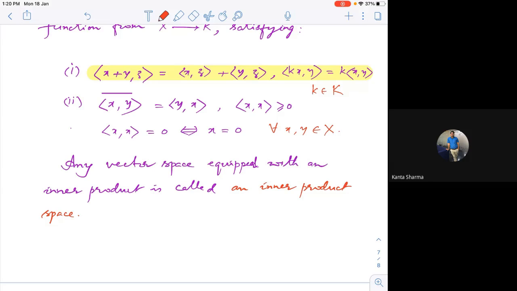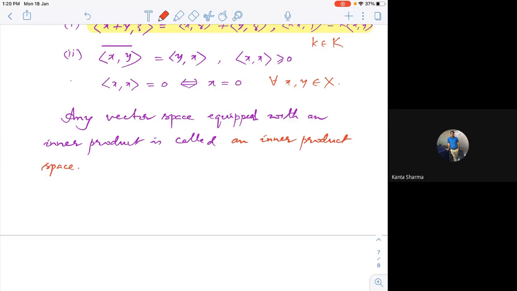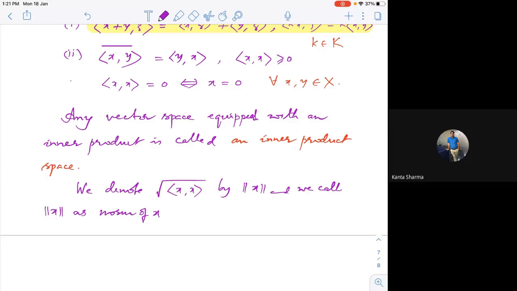And before going for examples, I want to look at one important point here, namely, we denote the non-negative square root of this x comma x by this symbol, and we call this the norm of the vector x.